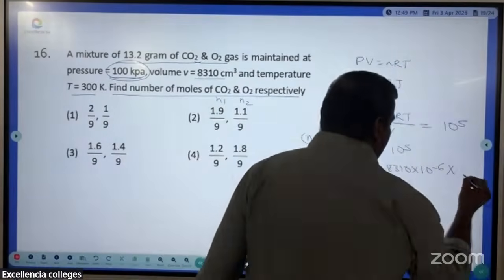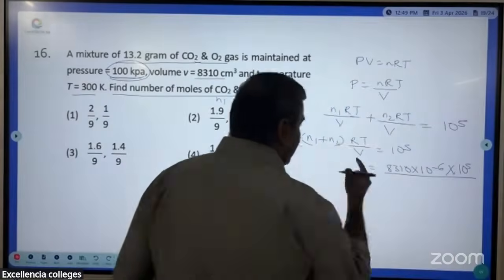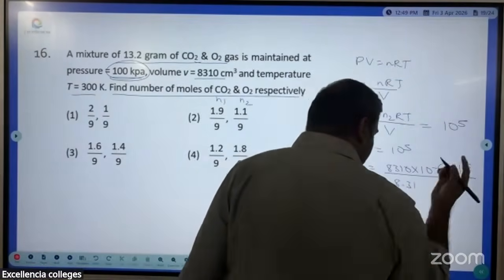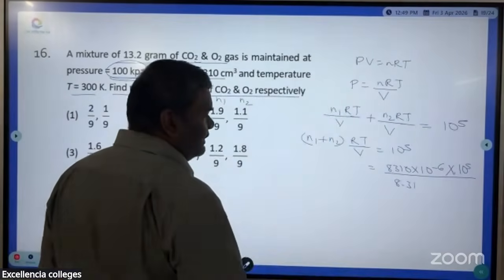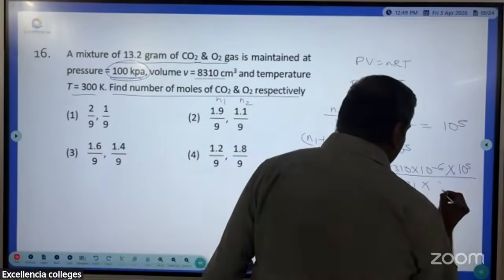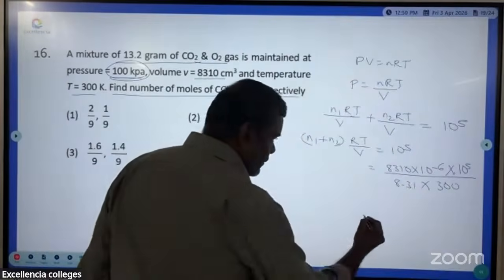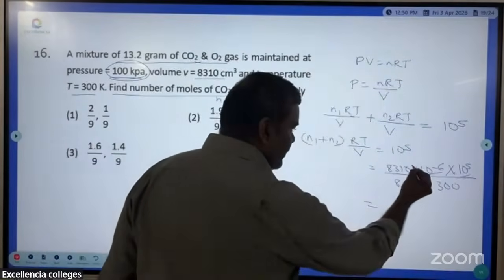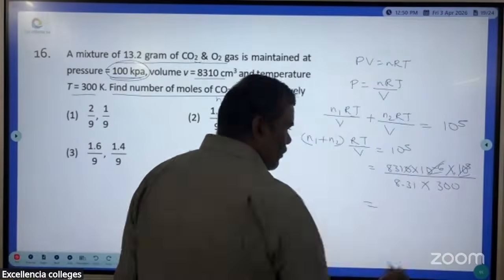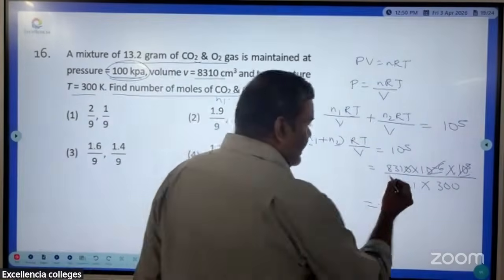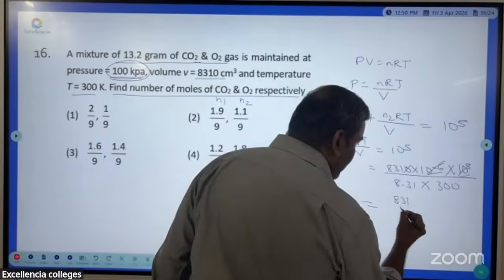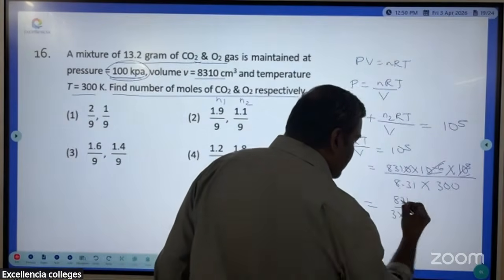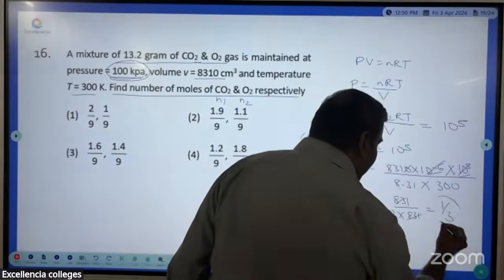Multiplied with 10 to the power 5 divided by R, R will be 8.31 because 8310 is there, and temperature will become 300. So 10 to the power minus 6 and 10 to the power 5 together will become 1, and 831 by 8.31 into 300 is 3 into 831. Adding both, it is going to give me 1 by 3.